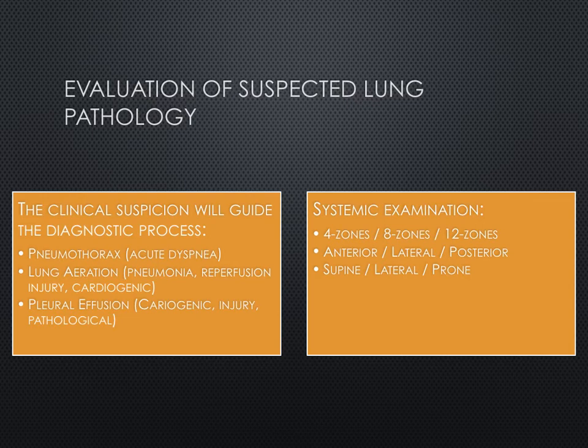So, for example, if you had clinical suspicions of perhaps a pneumothorax, it might be sufficient for you just to undertake a basic 4-zone exam, starting obviously with the apex of the suspected lung, and scanning at multiple points within the anterior superior region of that lung to really get an idea if there is sufficient lung sliding.